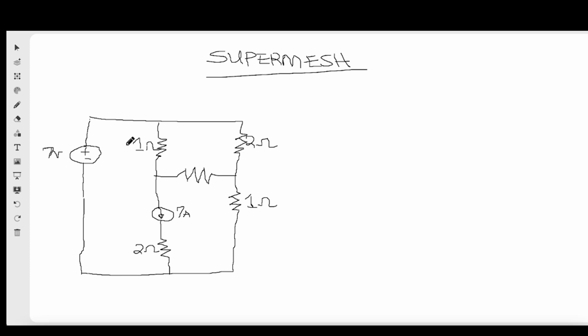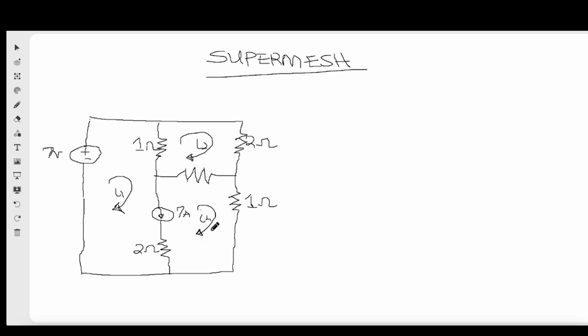So let's designate this as I1, and have mesh current I2 here and mesh current I3 here.